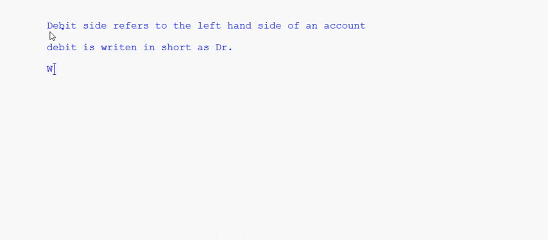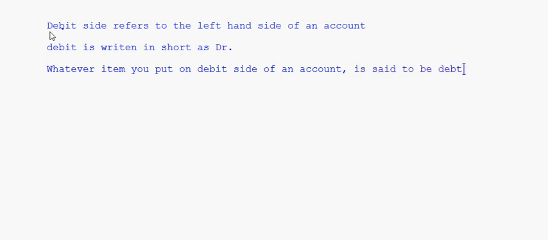Whatever item you put on the debit side of an account is said to be debited to the account.